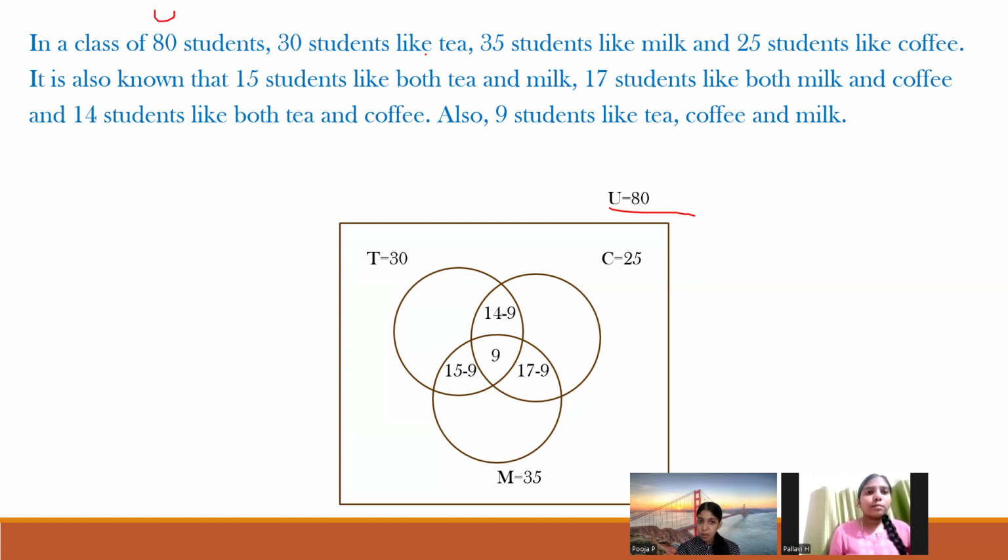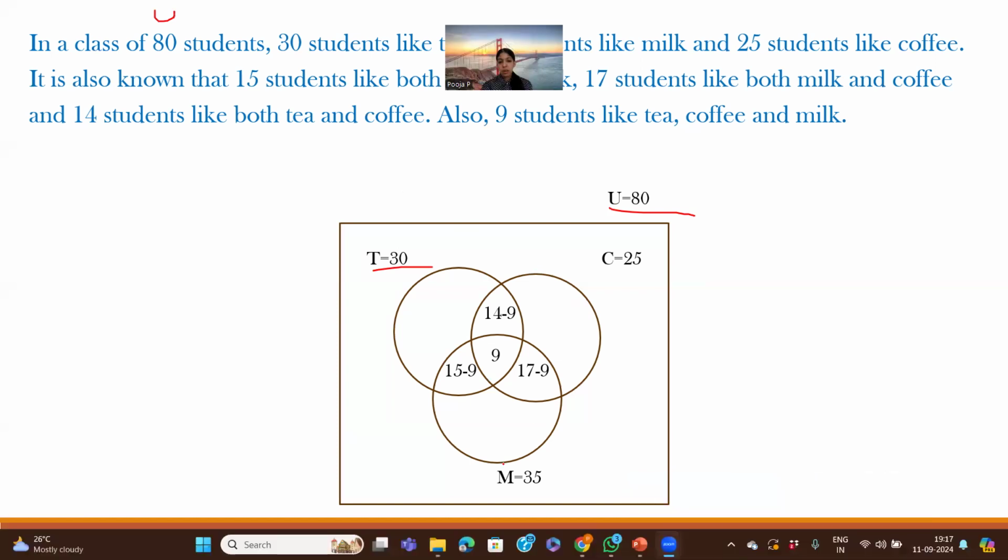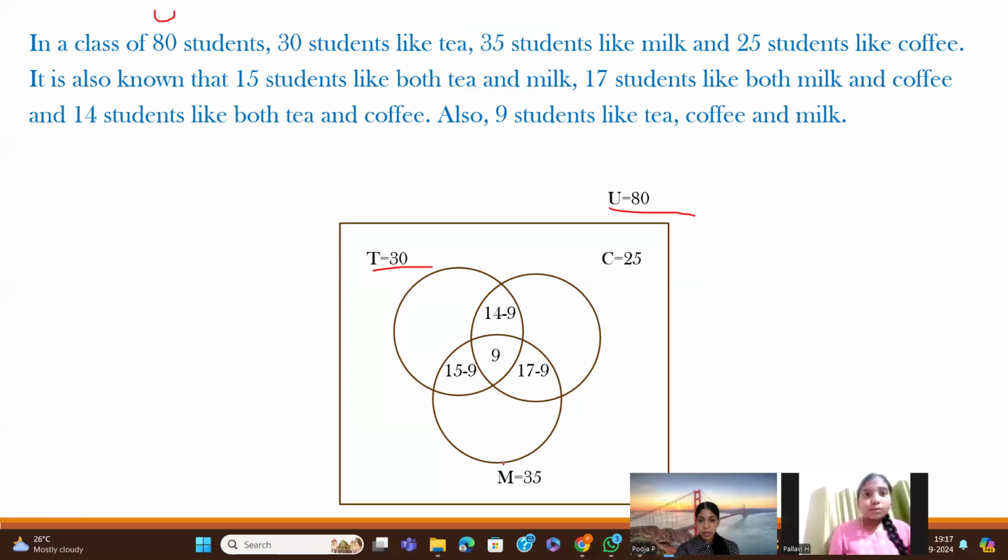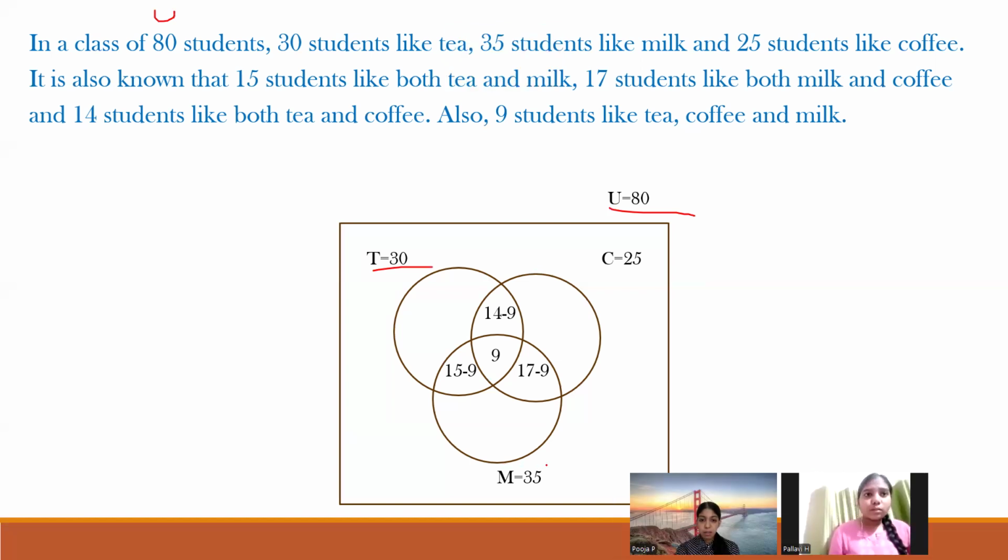Among them, 30 of them like tea, 35 like milk, and 25 like coffee. So this value we have taken, this we have taken, this we have taken, this also we have taken. Next, 15 like both tea and milk.